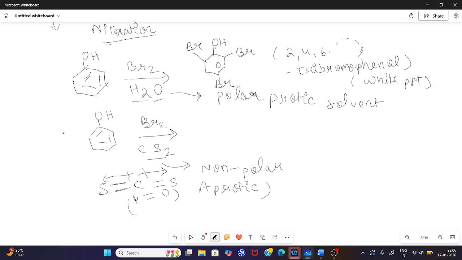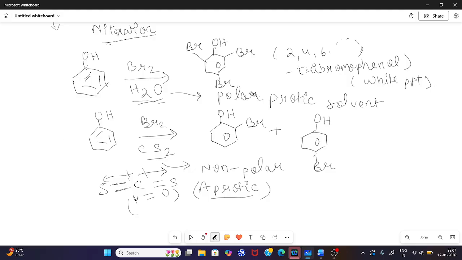Aprotic means no active proton present, unlike in water, where we had a proton attached to highly electronegative oxygen. In this case, you get the normal bromination products, that is a mixture of ortho-bromophenol and para-bromophenol. So the main reason is the solvent here.